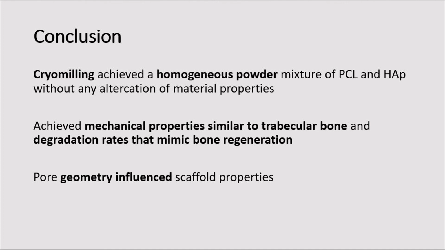The pore geometry of the 3D printed scaffolds did influence scaffold properties, such as compressive strength. In the future, cell studies should be conducted to study the influence of geometry on cell proliferation and differentiation.